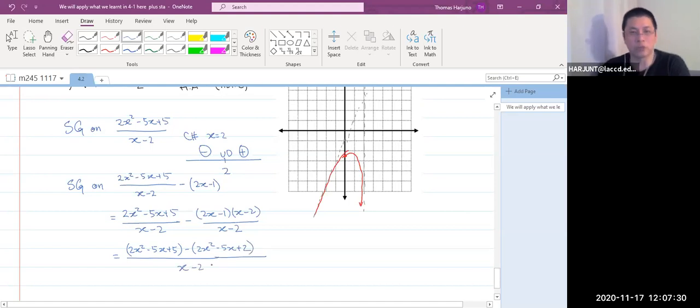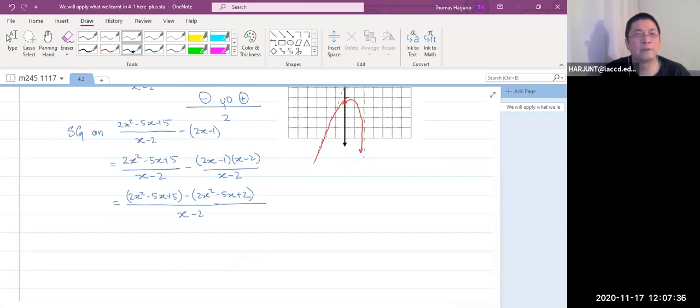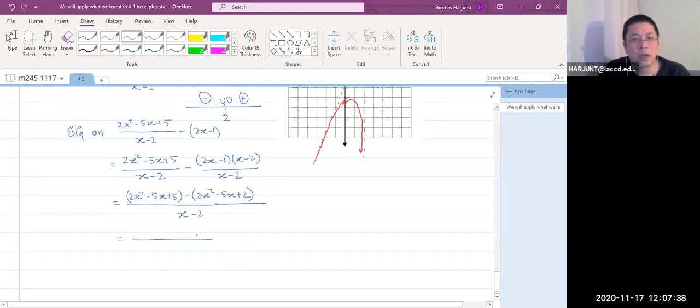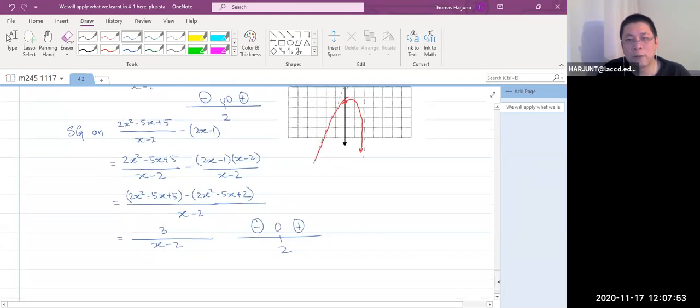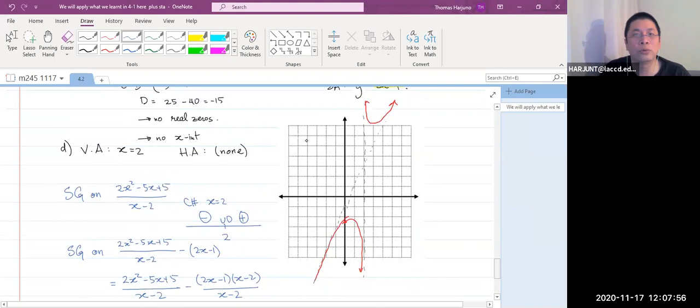So your algebra has to be good already. And then when I subtract, I get 5 minus 2. So that would be 3 over x minus 2. So the sign graph will have only one zero here, positive here. So, this is x equals 2, this vertical asymptote.